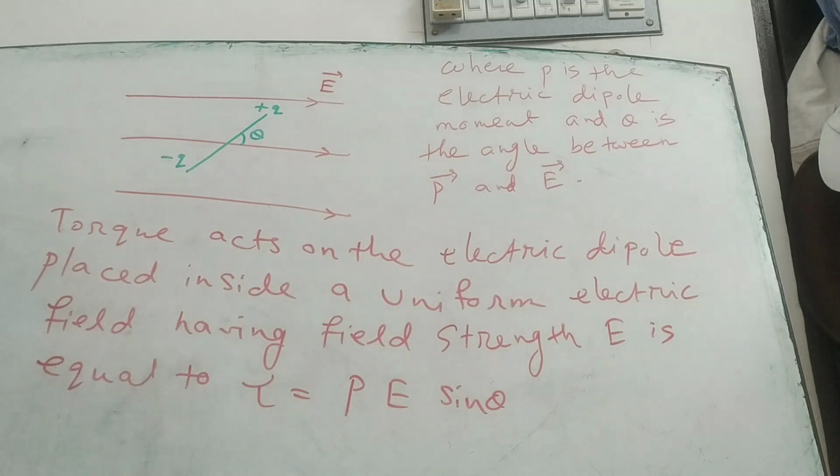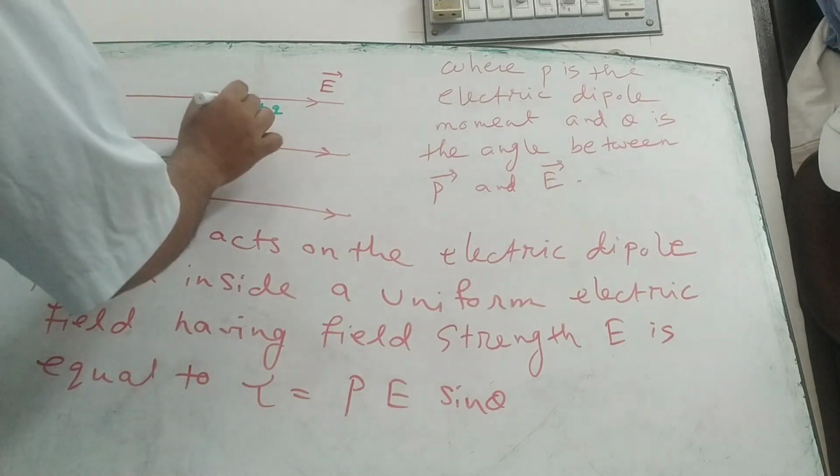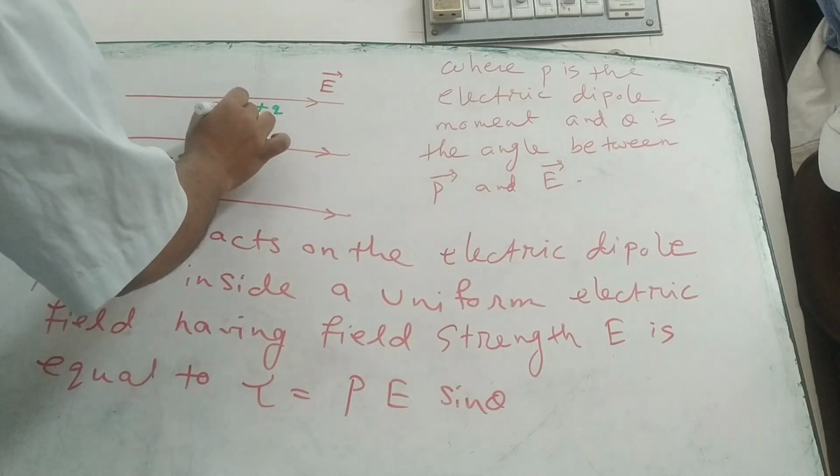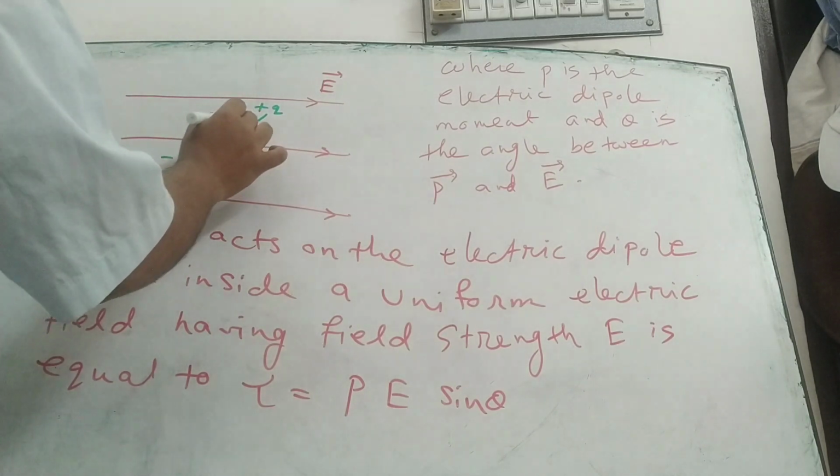Now, this electric dipole is slightly rotated or angularly displaced by a small angle d theta.